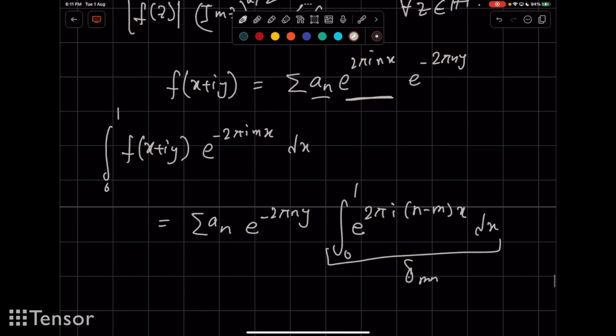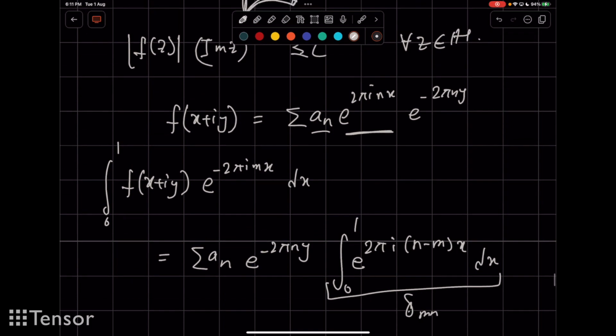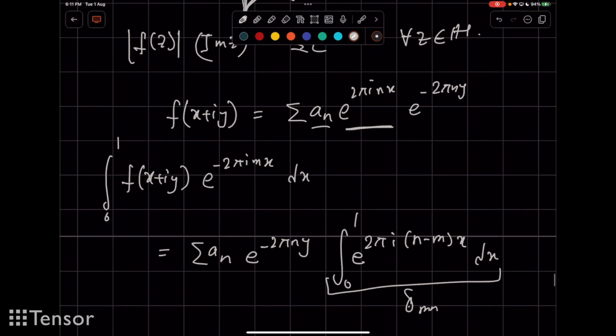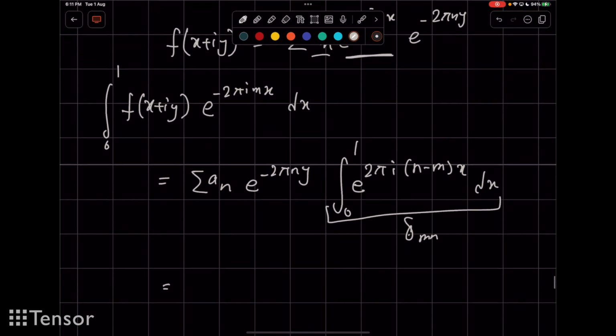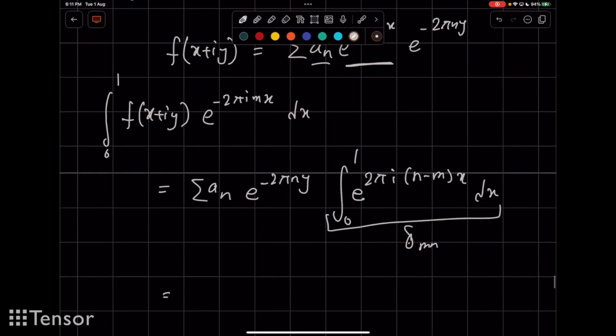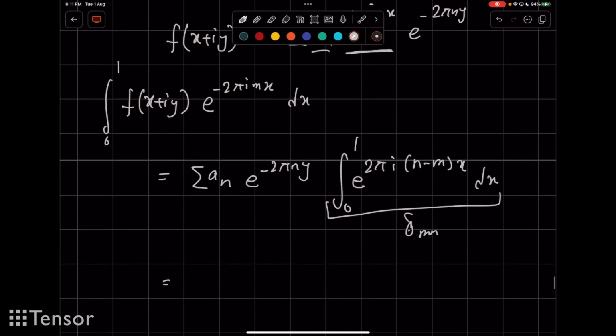And we can switch sum and integral because this sum is absolutely and uniformly convergent. Of course, it's the power series of a holomorphic function, so it's obviously absolutely and uniformly convergent. So you can swap this sum, and what do we get? We get am e to the minus 2 pi my, right?